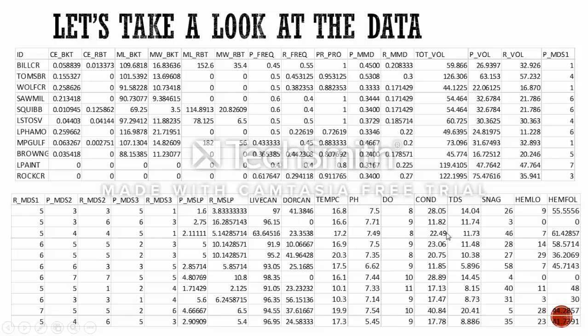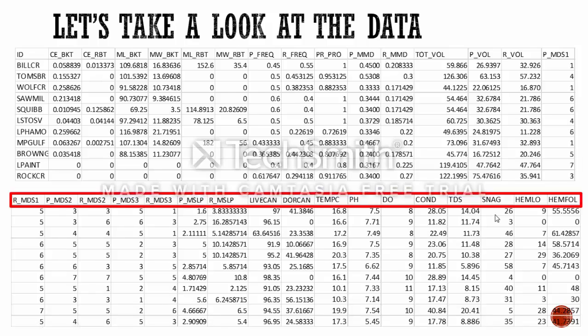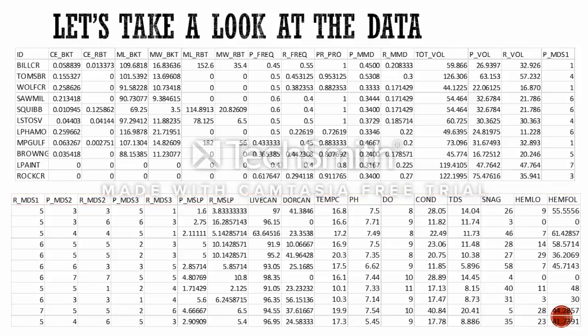And then the water quality data was taken at the time of the fish survey, so we have temperature in Celsius, pH, dissolved oxygen, conductivity, total dissolved solids, as well as number of snags counted within the reach, number of hemlocks counted within the reach, and then hemlock foliage, so how much foliage is left on the hemlocks due to the hemlock woolly adelgid. And so for this study we're going to be looking at catch effort for brook trout.